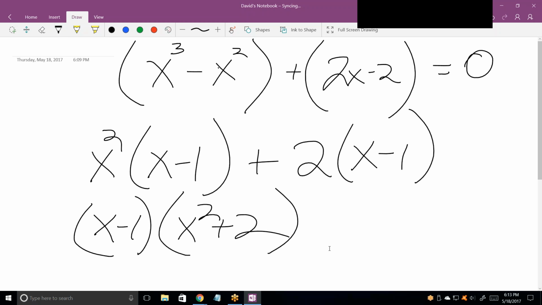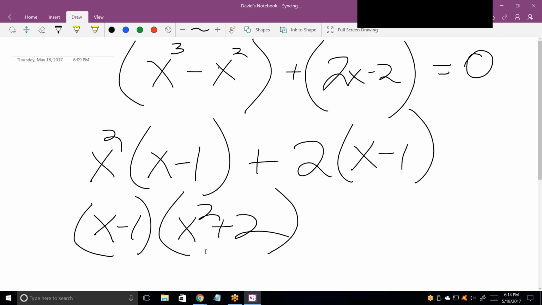I always do this where I point with my pen and you can't see it, but if I point with my cursor, you can see it. So this x squared plus 2, if that was an x squared minus 4, then I would factor it further into x minus 2 times x plus 2.